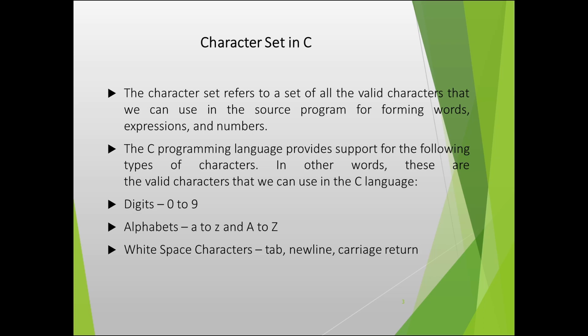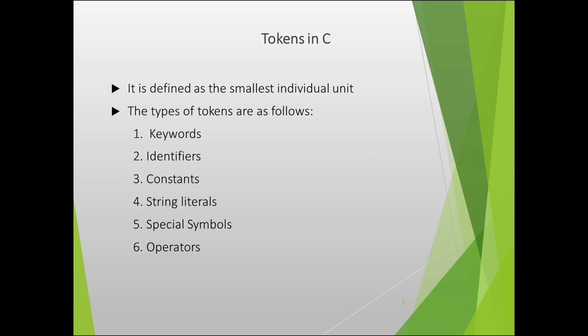What are they? Digits, alphabets, white space characters. Digits 0 through 9, that is numeric values, and alphabets, it supports both lowercase letters and uppercase letters, A to Z. White space characters, that is tab, new line, carriage return or enter, and so on.